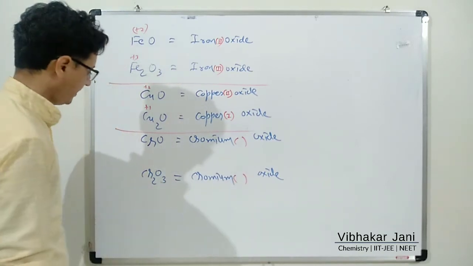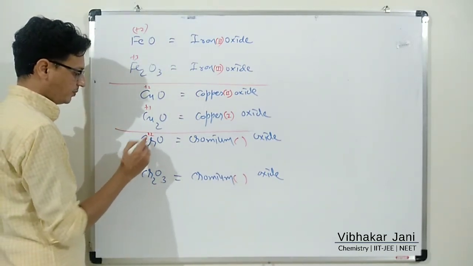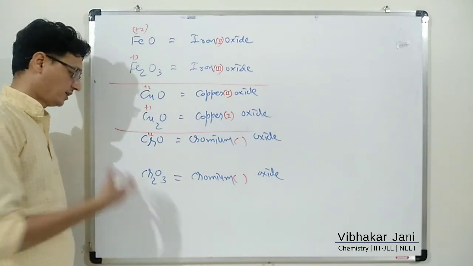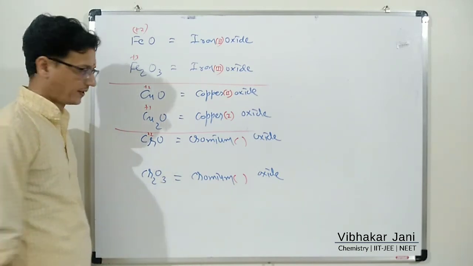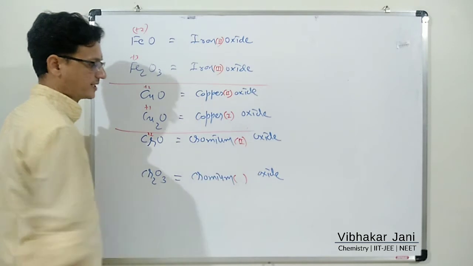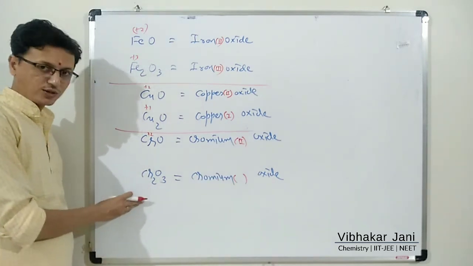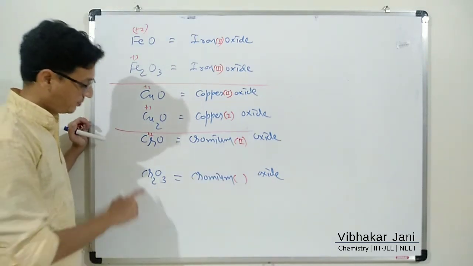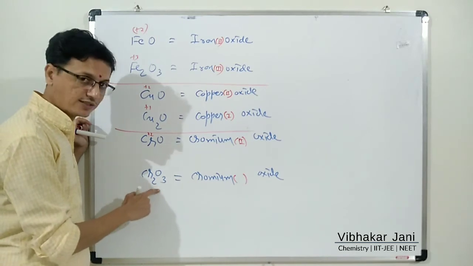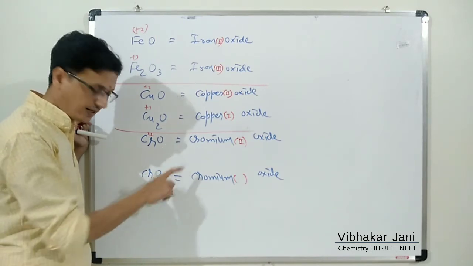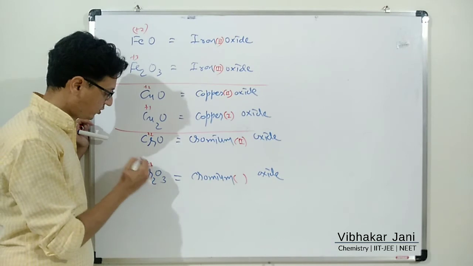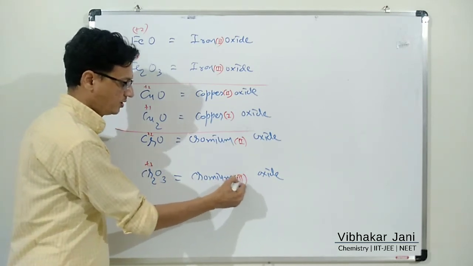In fact, this chromium is in +2 oxidation state. I know very well, I have already calculated. So it is chromium(II) oxide. And this chromium is in +3 oxidation state. 3 times 2 is 6, divided by 2. So each chromium is in +3, so it is chromium(III) oxide.